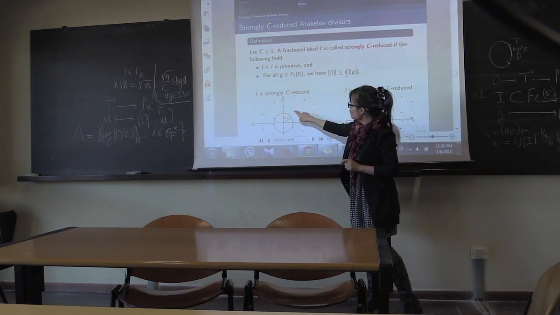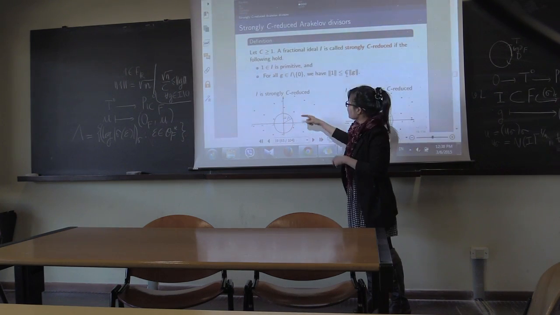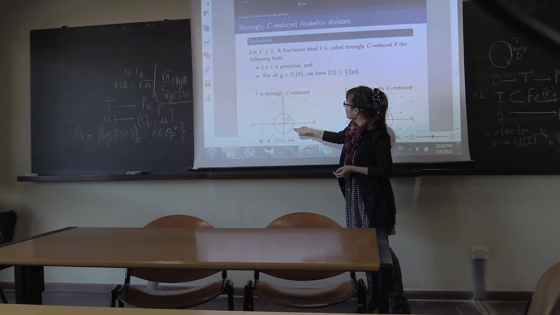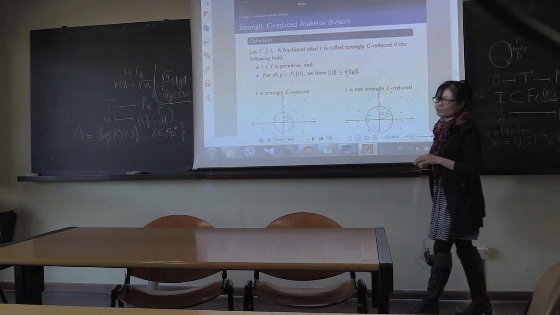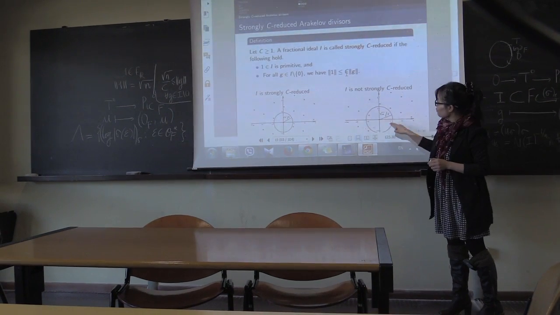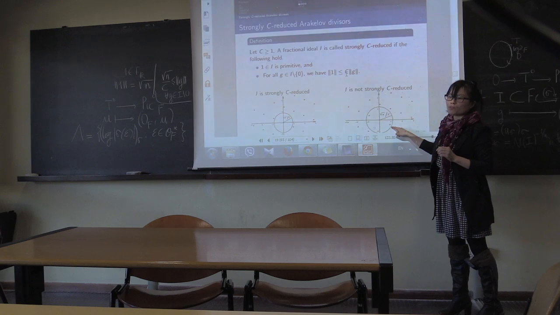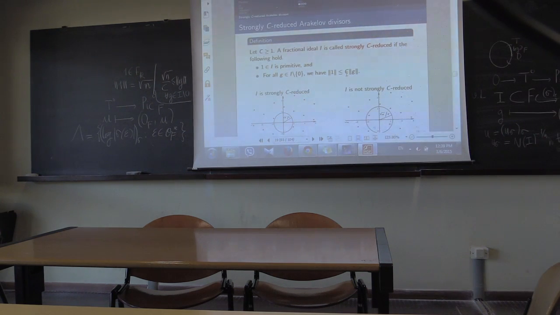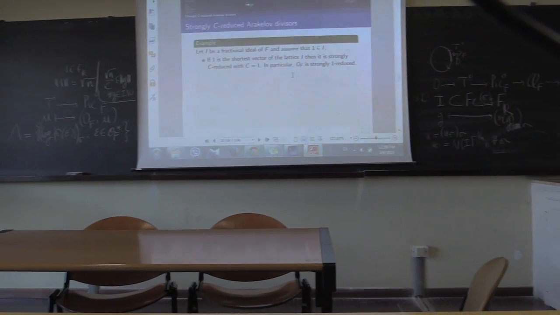So in this case, 1 is in I, and suppose that 1 is primitive in I, and the second condition is satisfied, so it is strongly C-reduced. And in this one, the second condition fails, this circle contains some non-zero points of I, so it's not strongly C-reduced. And here's also an example.